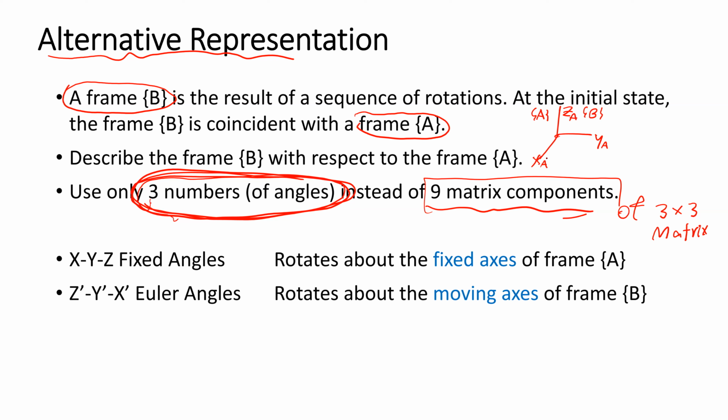And the frame B also shares the same direction of each component with the frame A. But after that, the frame B rotates with a sequence of rotation. A sequence of rotation has 3 steps of rotation.